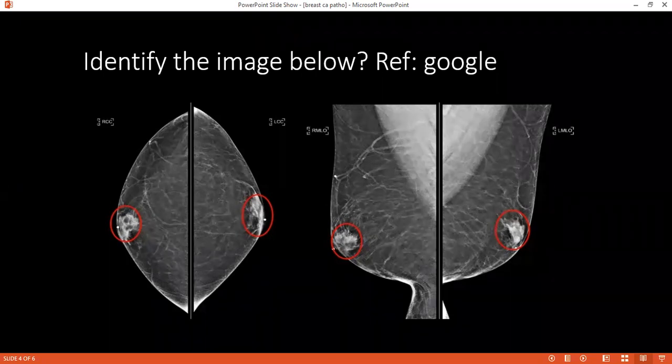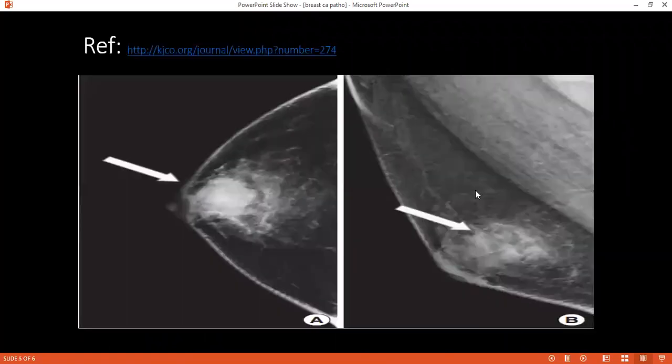All right, can you please tell me what you are looking at here? These arrows are pointing at what? If you can describe the image.